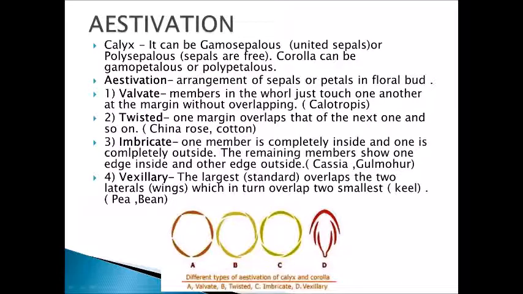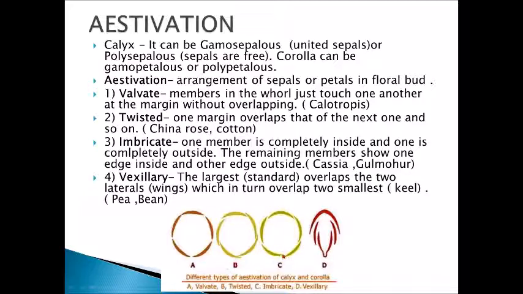The third one is imbricate, when one member is completely inside and the other one is completely outside. See, in this diagram, this member, maybe sepal or petal, has both ends inside. So this member is completely inside, whereas this one is completely outside, and the other members have one end inside, the other outside.